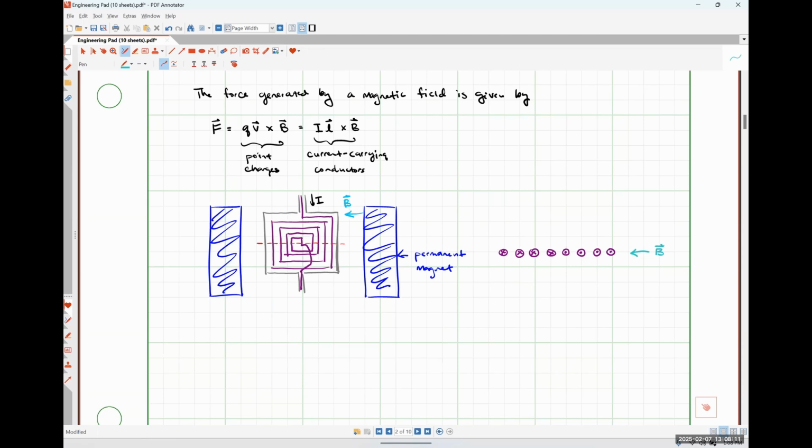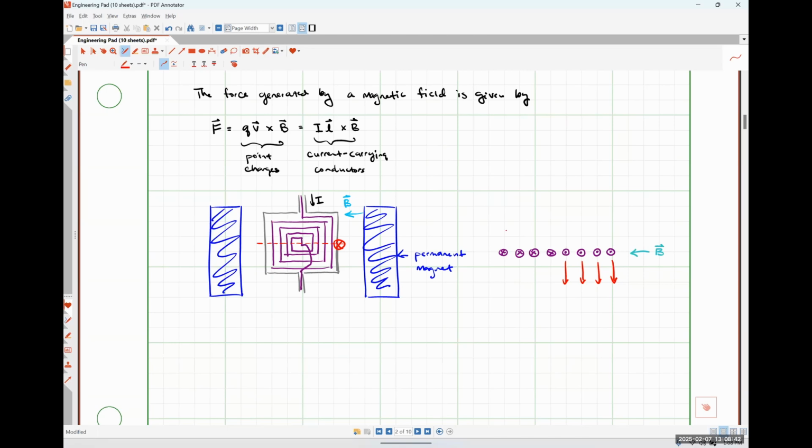So current is flowing out of the page. Our B field is directed to the left, and so our force would be in the down direction. So our induced force for these conductors would be down like so. So we would essentially see a force acting into the page on this side of the mirror array.